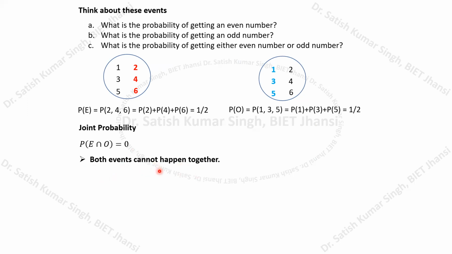Remember this: whenever the joint probability between two or more events is zero, it means the events cannot happen together. Such events are known as mutually exclusive events, also known as disjoint events.